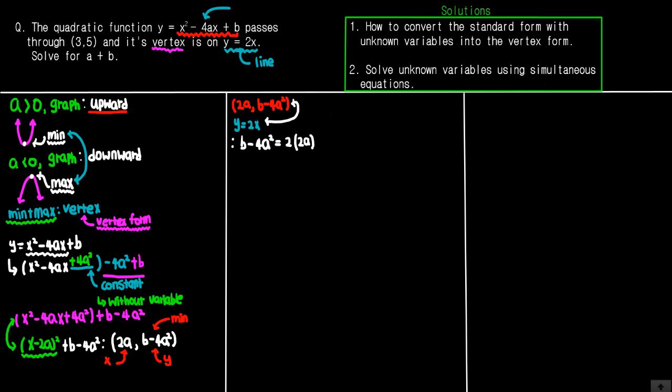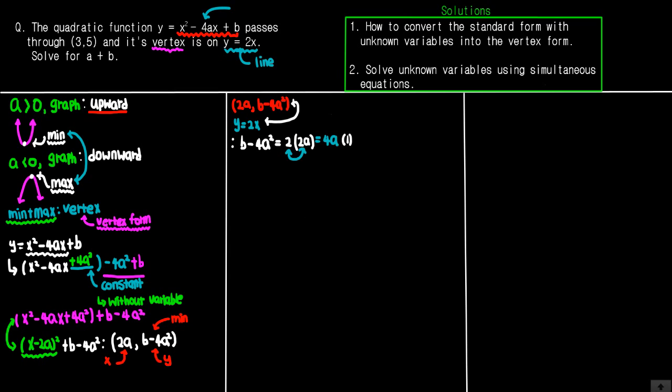But if you use the distributive property of the 2 in order to cancel out the parenthesis, it will give us 4a. This will be our first equation that we made.